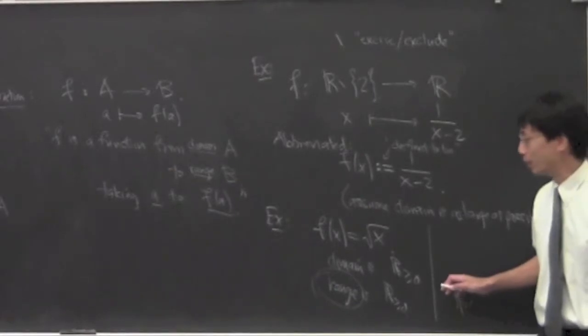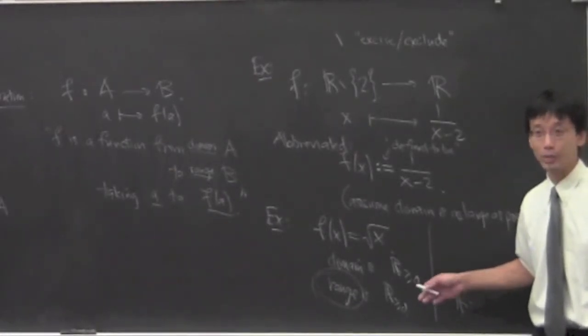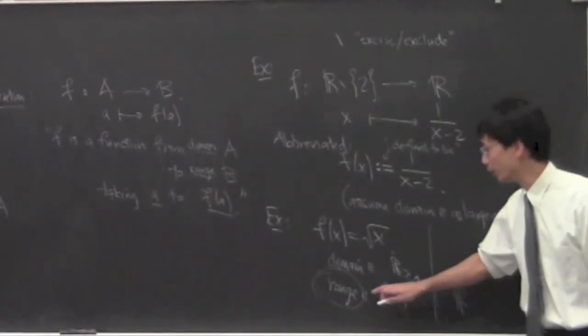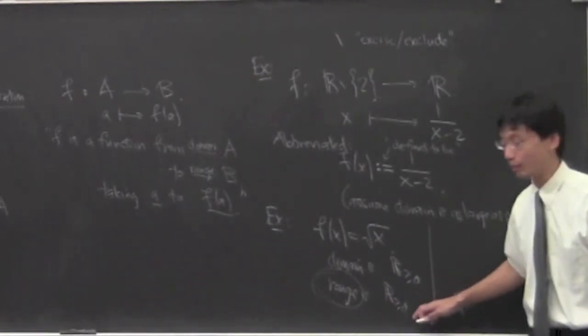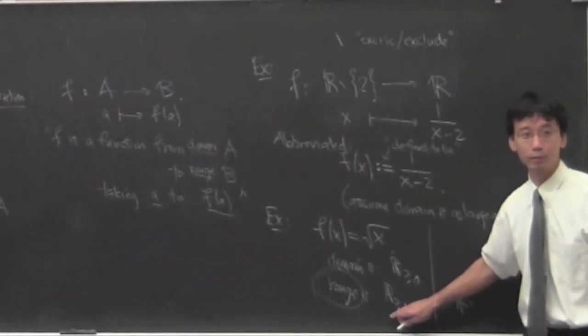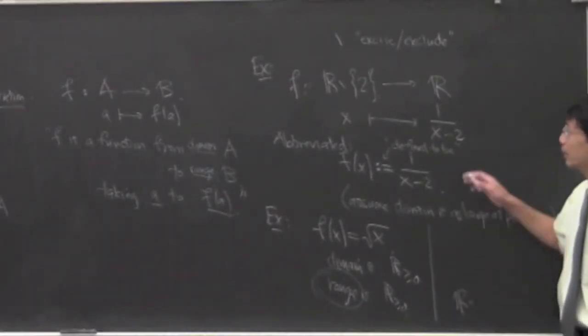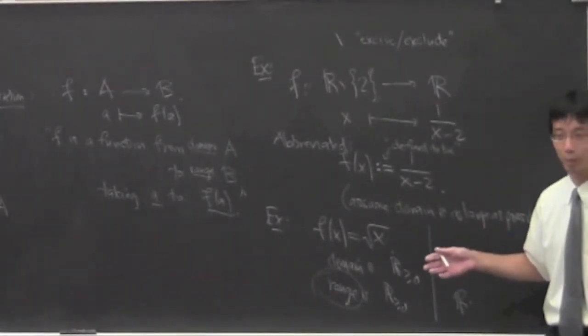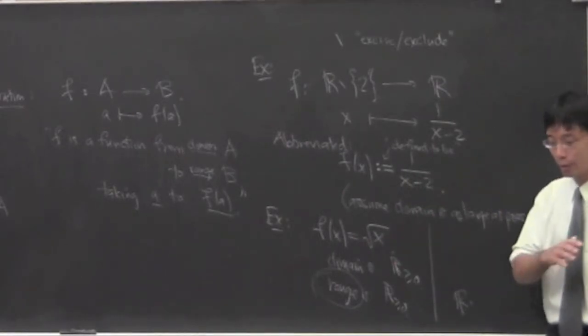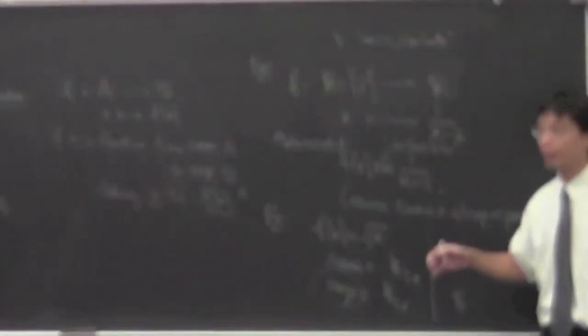Although what Alex said is more precisely true: what comes out of it is not all real numbers, but rather the non-negative real numbers. So range is an imprecise term. It simply means the set that your outputs land in.